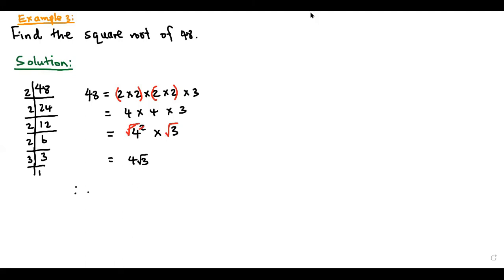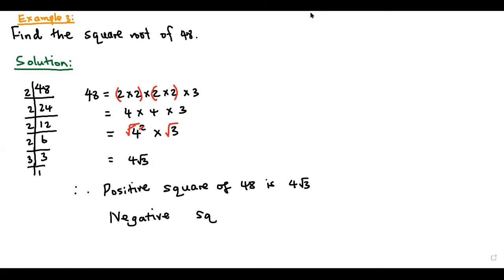So therefore, the positive square root of 48 will be 4 square root of 3, and the negative square root of 48 will be negative 4 square root of 3.